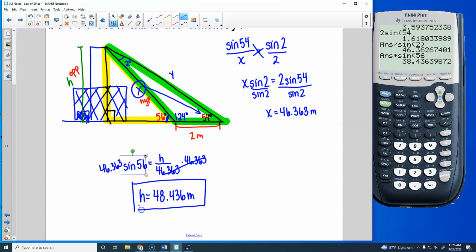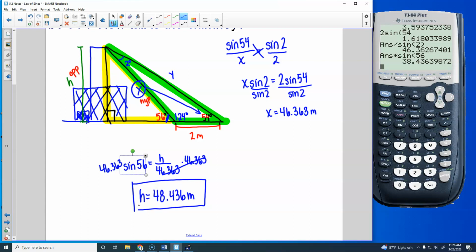Now, what I actually find students have the hardest time with is that last step. Because we have started doing law of sines instead of regular trig, and you forget how to do regular trig. Or maybe you never knew it all that well in the first place. That is a possibility.